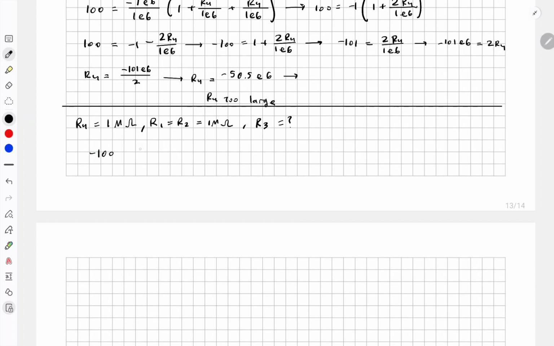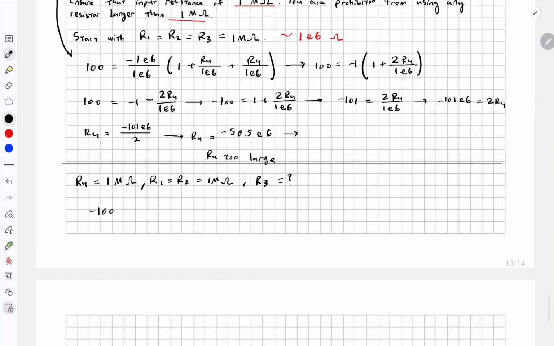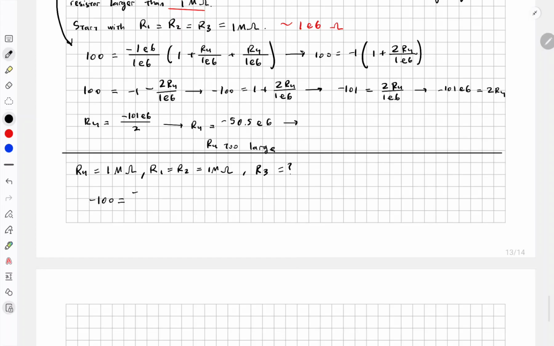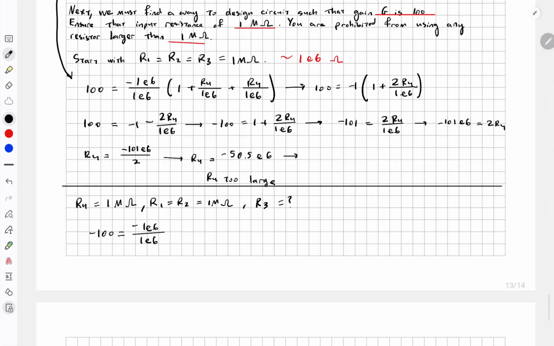Okay, gain is 100, but we are going to reuse, we just skip to this point here. Actually, remove this minus sign, go to this negative 100. I'm going to simplify it to make things go a little bit faster. So just copy this from before. Everything is copied the same, because the only thing changing is we're solving for R3 this time.